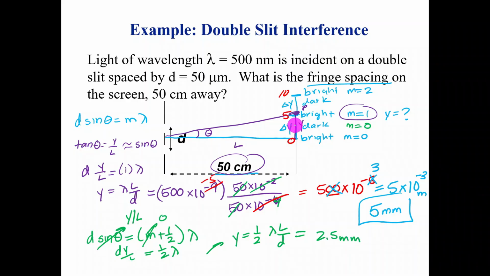And that tells me that my dark fringe here would be at 2.5 millimeters. Now, what you have to be careful of is that my next dark fringe is not at 5. That's why it said odd multiples. It said odd multiples, because if I double that, that actually gives me my bright fringe. So then my next m would actually be not at the next one, would be the one after that.